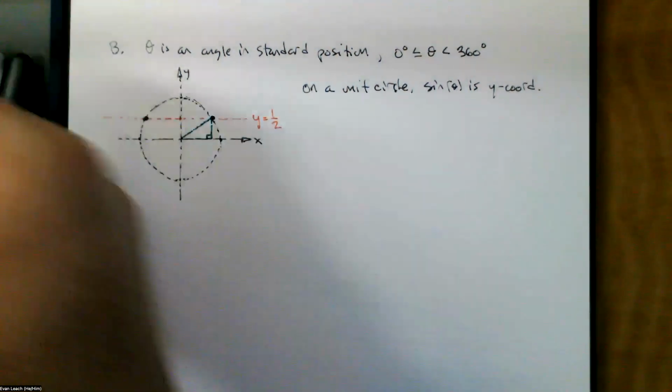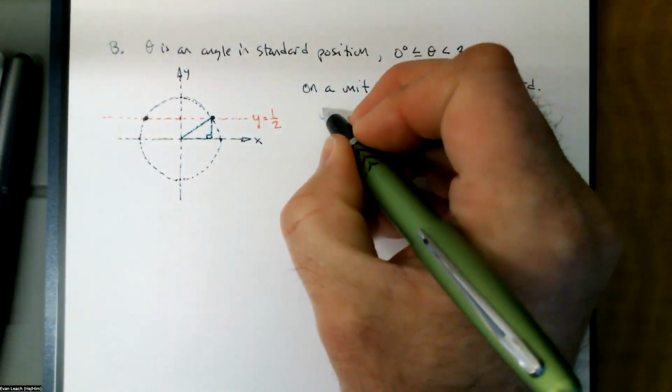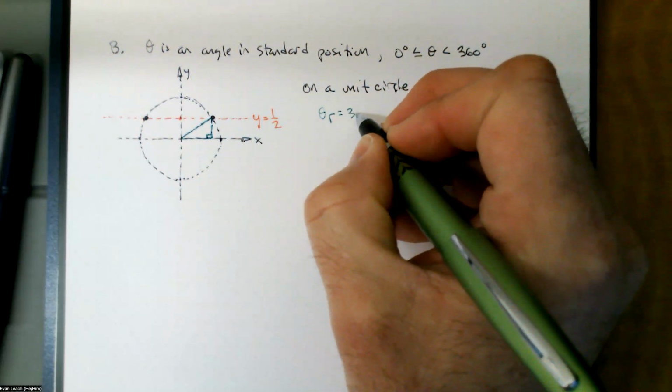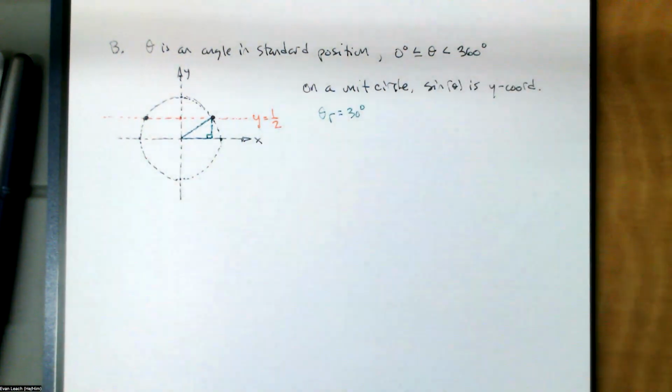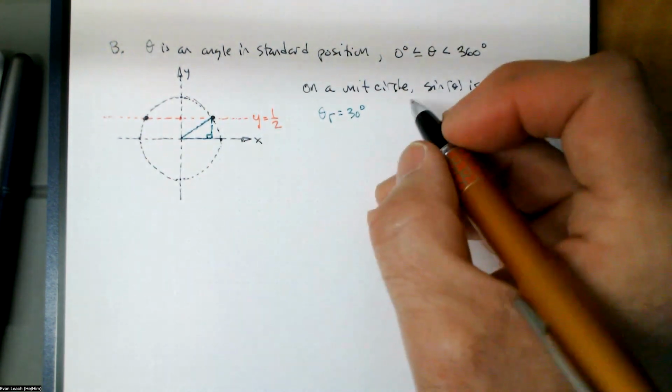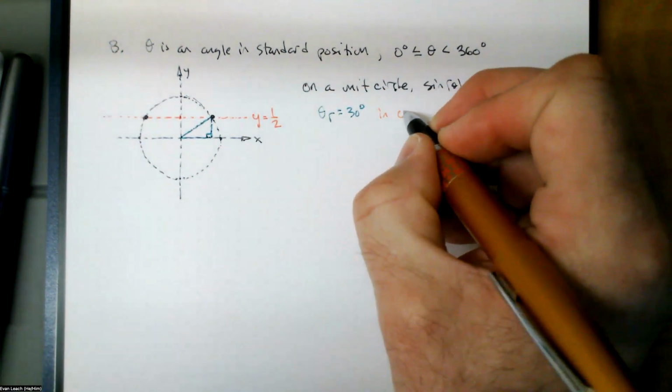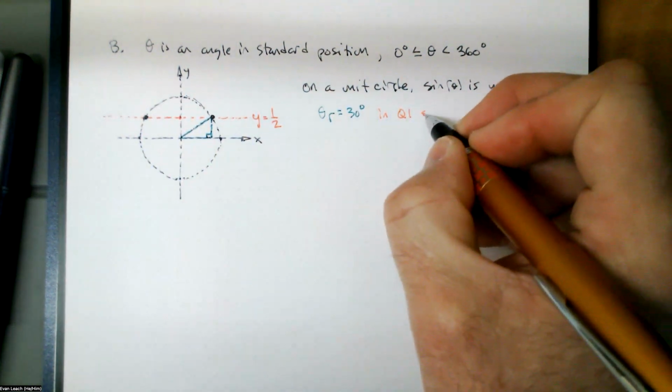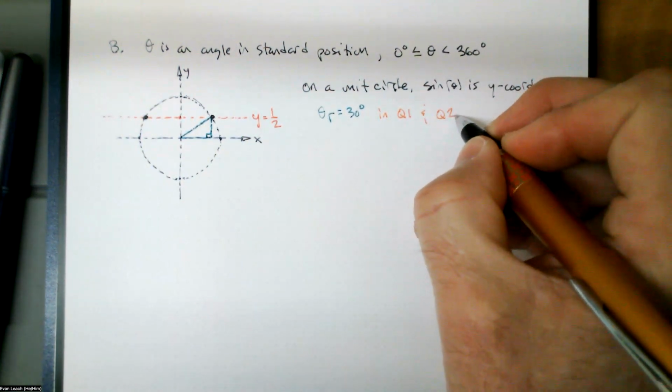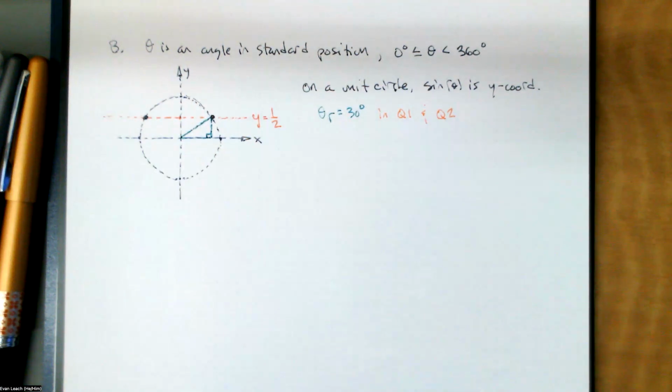So we're going to say theta is equal to 30 degrees. Our reference angle is 30 degrees, and we're going to put that in quadrant 1 and quadrant 2. Either we remember the 30 degrees, where sine of 30 is equal to a half, or we think of the triangle.